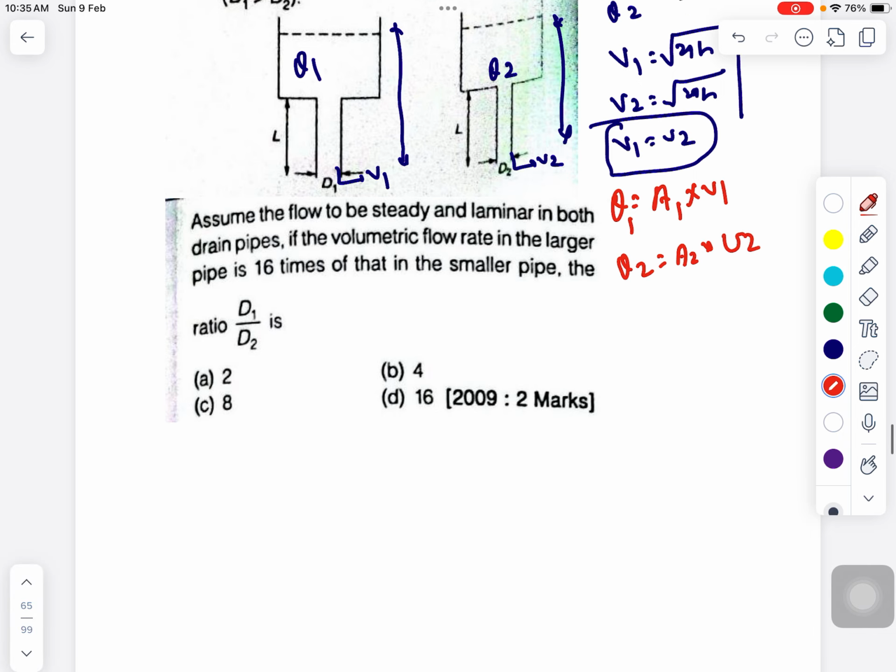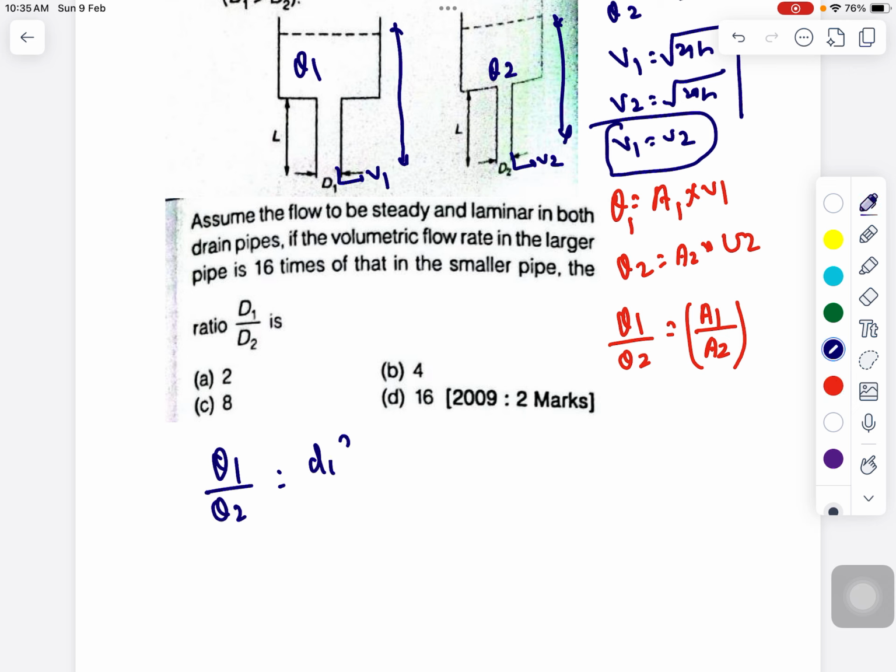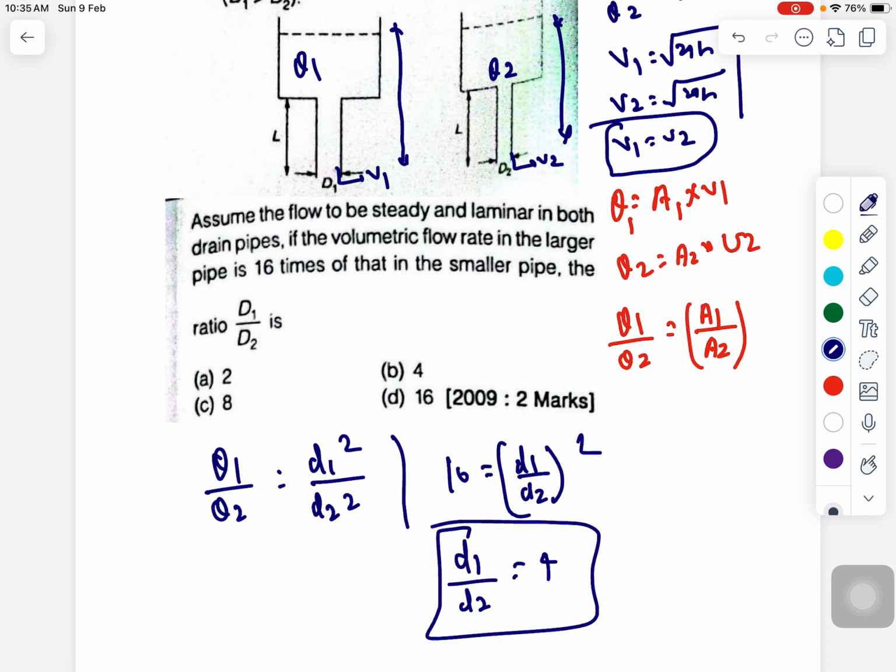So once you divide these, you will get Q1 by Q2 equals A1 by A2, because v1 and v2 are the same. So I can write Q1 by Q2 equals d1 square divided by d2 square. And Q1 is 16 times Q2, so I can write 16 equals (d1 by d2) whole square. So what will be the value of d1 by d2? That is equal to 4. So very simple question, but again one small trick was required to understand the solution. So option B will be your correct answer.